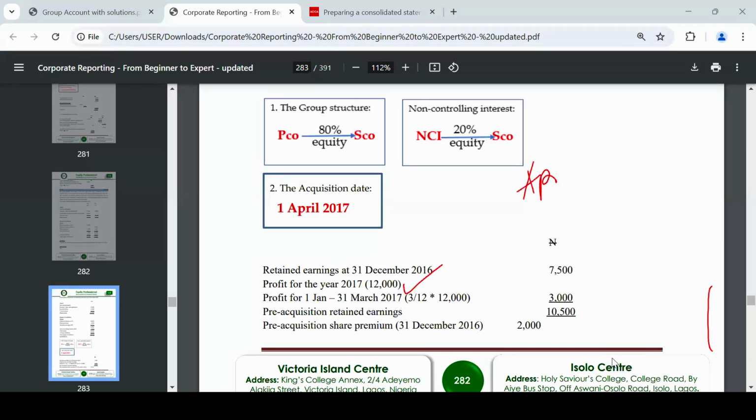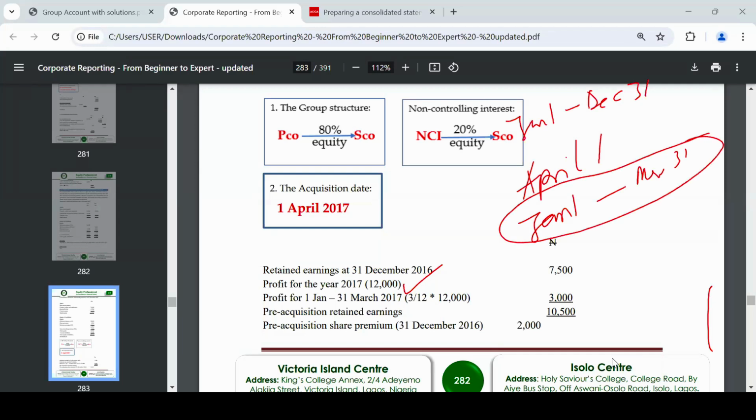Acquisition was April 1, right? It means that if the accounting year is January 1 to December 31st, what they had realized from January 1 to March 31st should be pre-acquisition retained earnings.